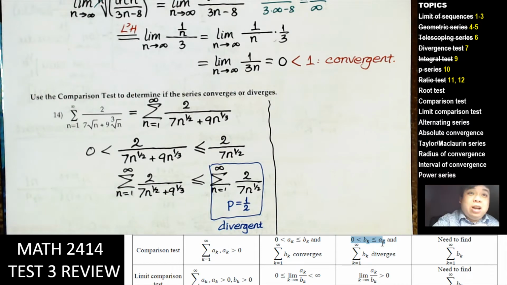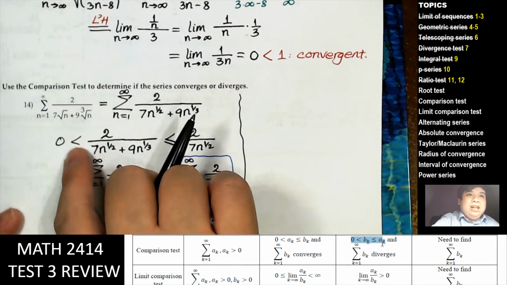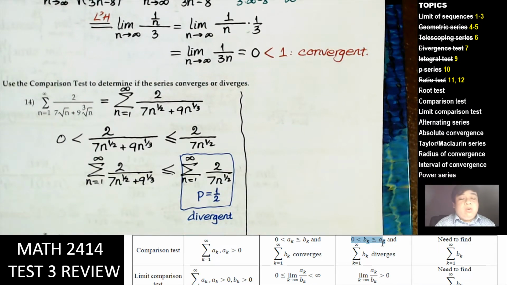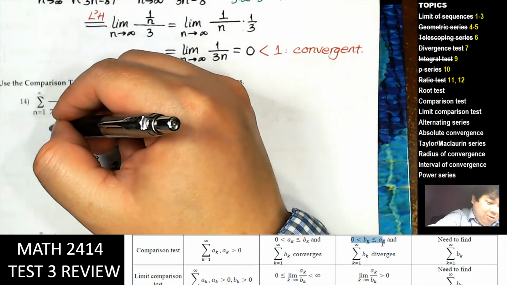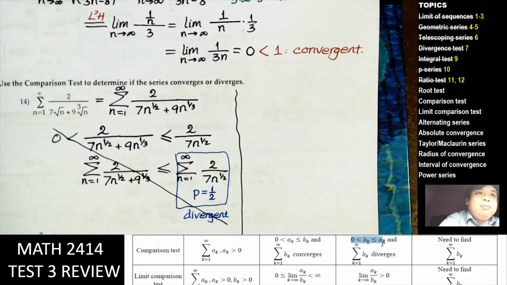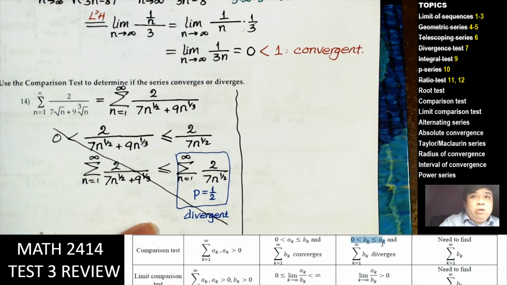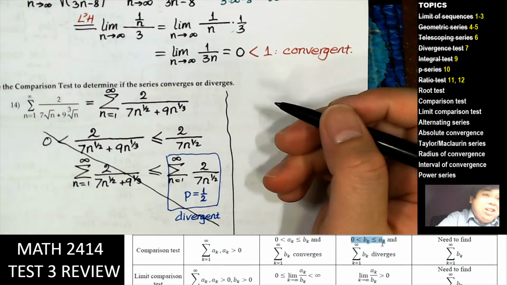So let's focus on that. This one doesn't help us at all. Let's draw a line here. Because less than divergent could be anything, could be convergent, could be divergent. If we have something greater than, then that's great. So what is that greater than?